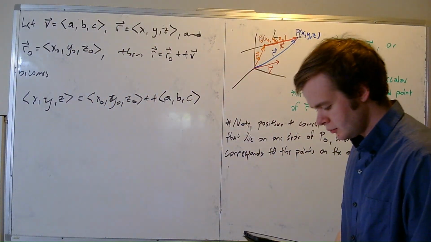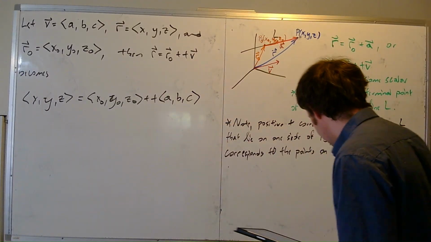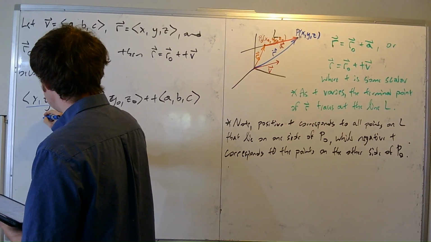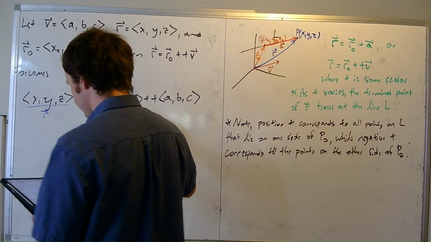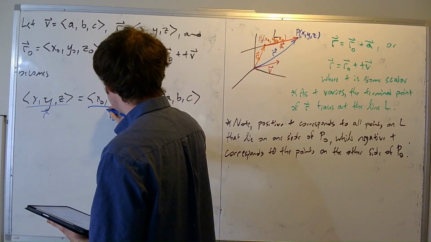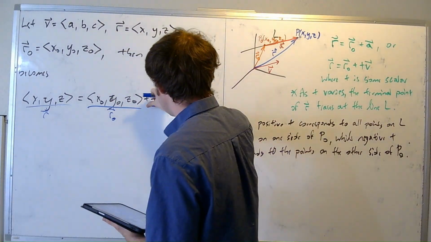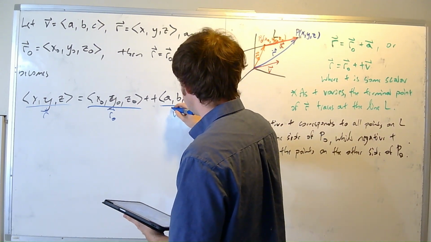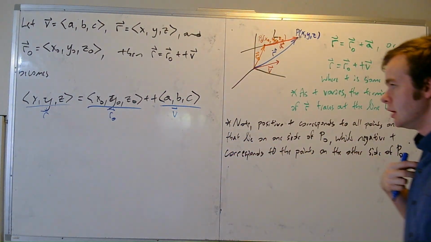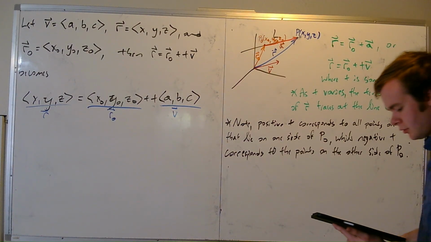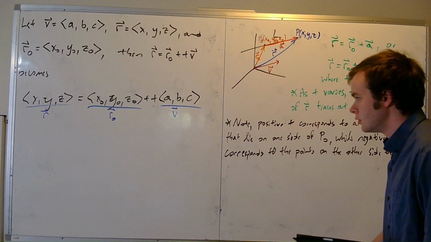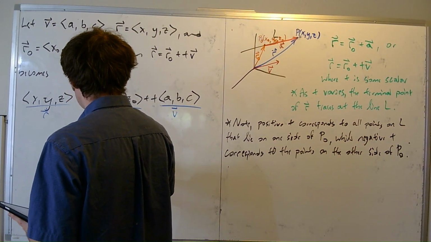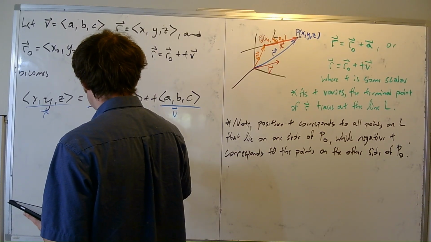Okay. So now we can distribute. So remember here, this thing here was R. This thing here was R0. And this thing here, sorry, that's T. This thing here was our vector V. Okay. And now let's just go ahead and combine everything. On the right side here, if we distribute T, then we leave this one unchanged.